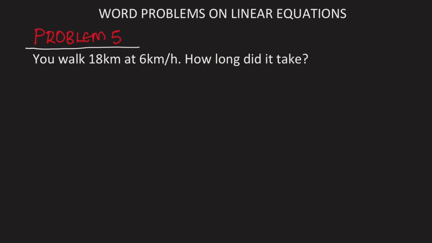Okay guys, so problem 5 goes, you walk 15 kilometers at 6 kilometers per hour. How long did it take? Okay, so this is on speed, distance, and time questions. So we know that the basic formula is that speed is equal to distance over time.